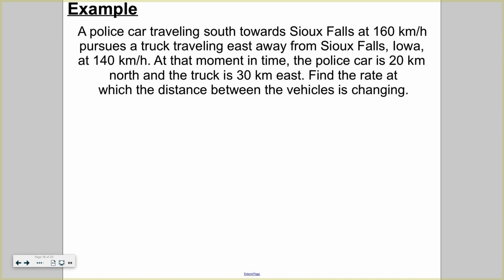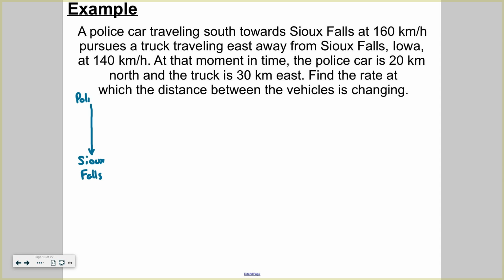All right, so we know we have Sussex Falls, and we have a police car traveling south towards Sussex Falls. So I actually wrote my Sussex Falls in the wrong spot, because the police car is traveling down towards Sussex Falls.